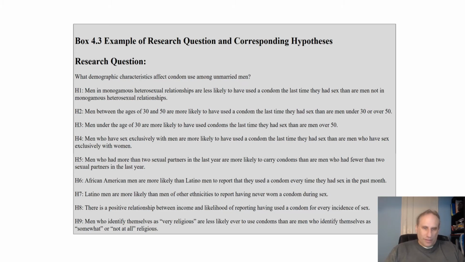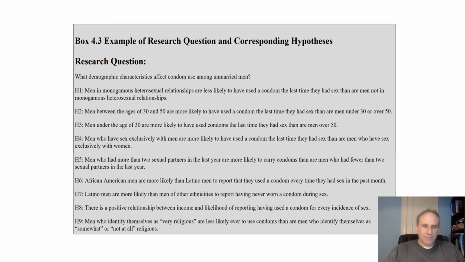Do you only have sex with men, or do you identify as heterosexual versus homosexual? Very important to think about these questions, that just because you say, are you homosexual, does that mean that it's exclusively? And so these kinds of hypotheses may help you refine which questions you want to ask.